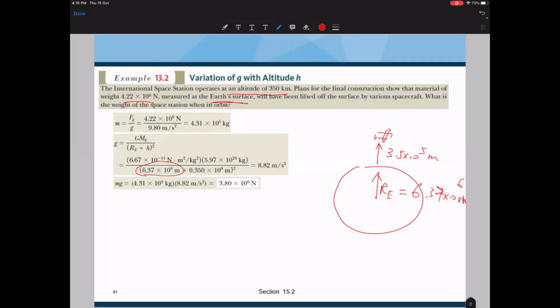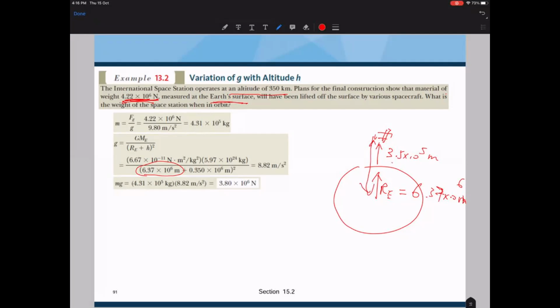You are asked to determine the weight of the space station when it is in orbit. So the idea is, on the Earth's surface, the weight of the material is this one, and you are asked to determine the weight of the same material at the location 350 kilometers away from the surface of the Earth.